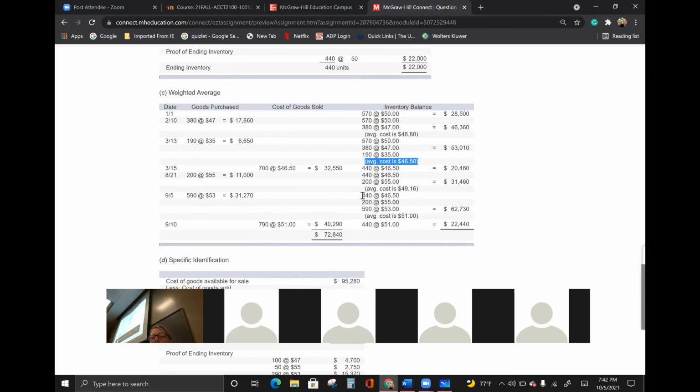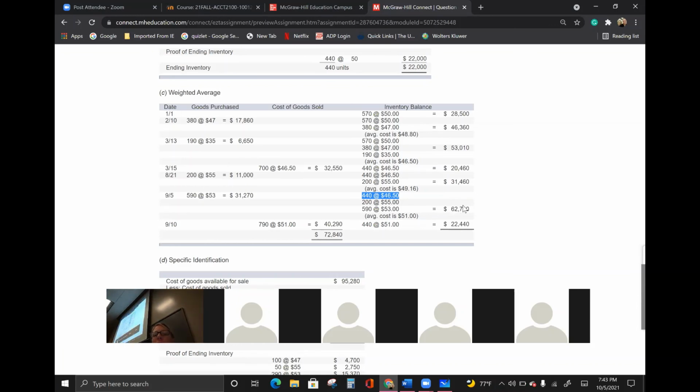So here's my 440 at $46.50 plus the two new purchases, the two new batches. I add all the quantity up here and I add up all of the costs to come up with my total cost for those units. So that's what's available the next time I have a sale.